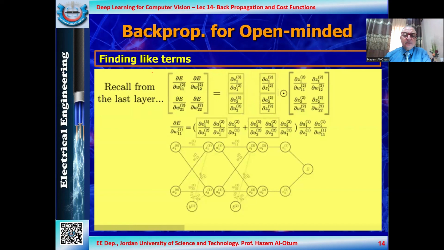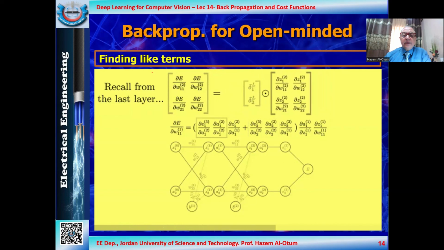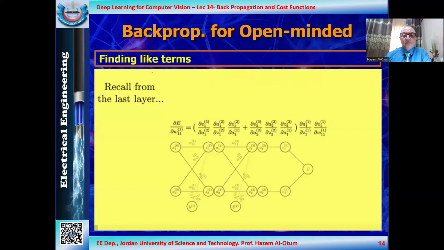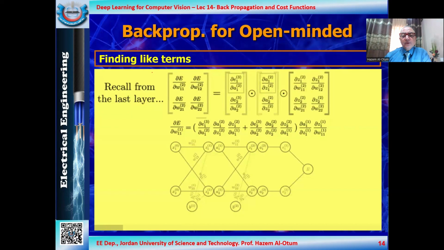We can here repeat to have a more generalized formula. As you see here, we combine all the errors in terms of delta L, delta 1L, delta 2L. And this equation will be vectorized this way.